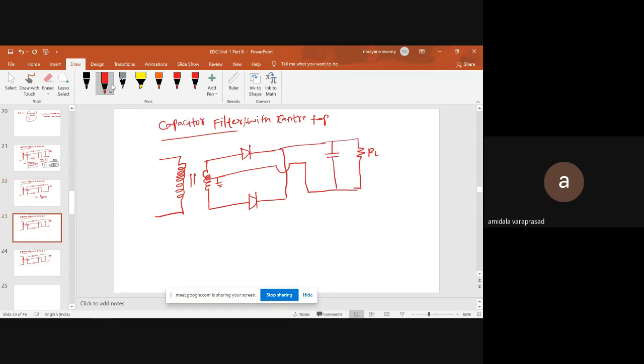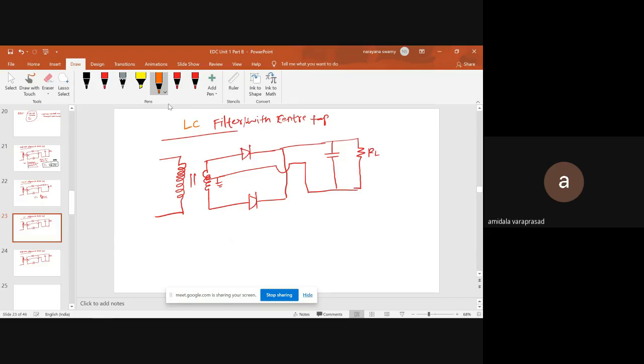Next, LC filter. I'm explaining the circuits directly.